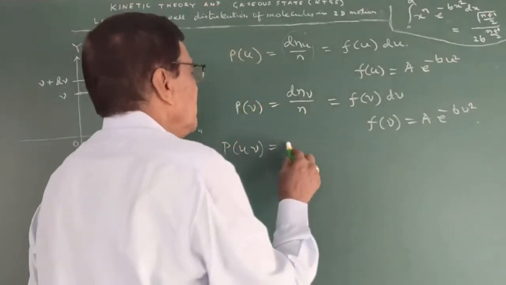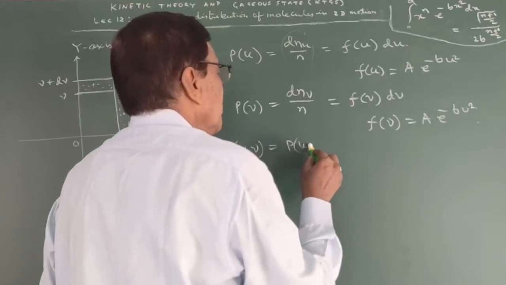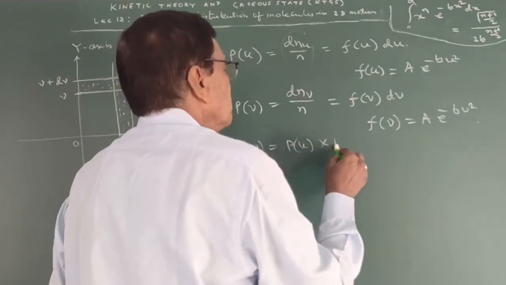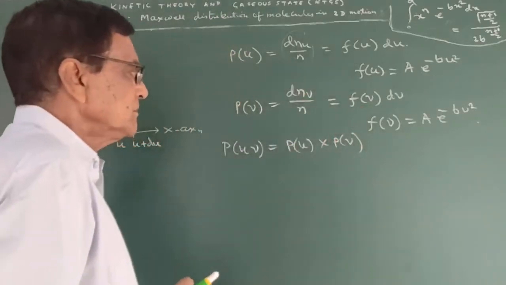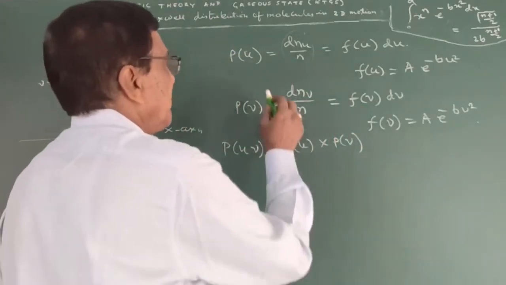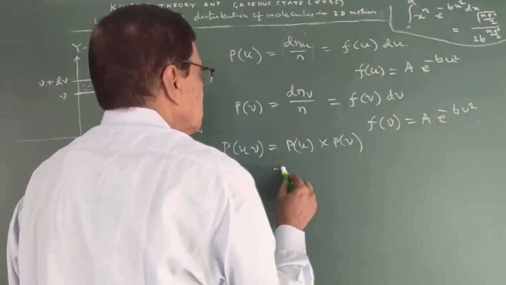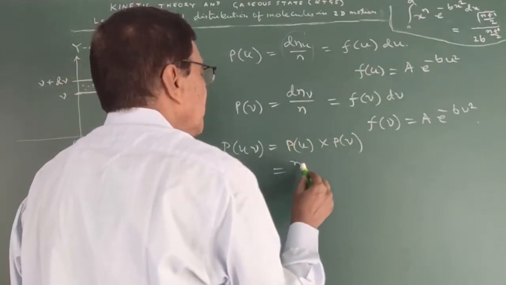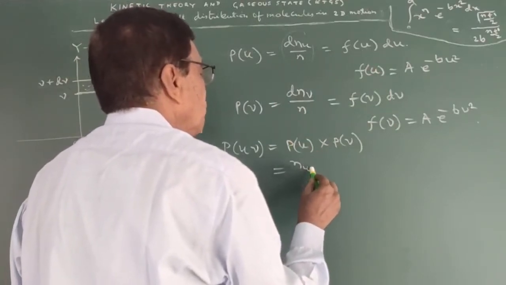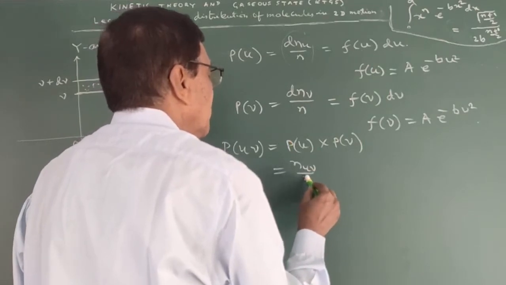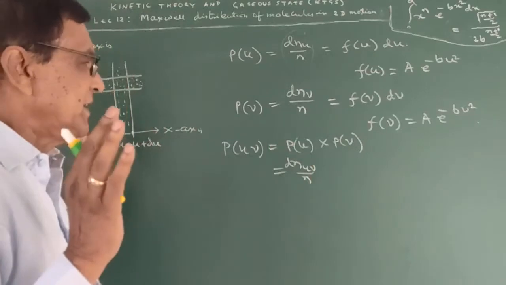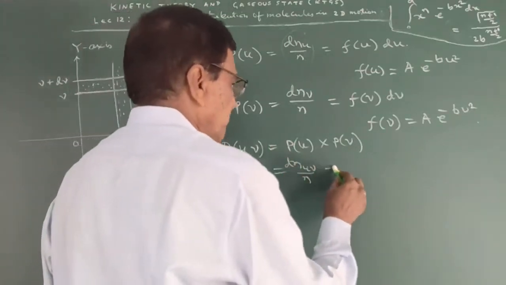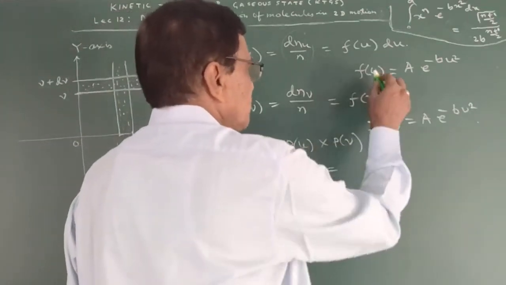So it will be P(u) times P(v). So if we write here, then this will be equal to dN(u,v) divided by N, equal to these two values.